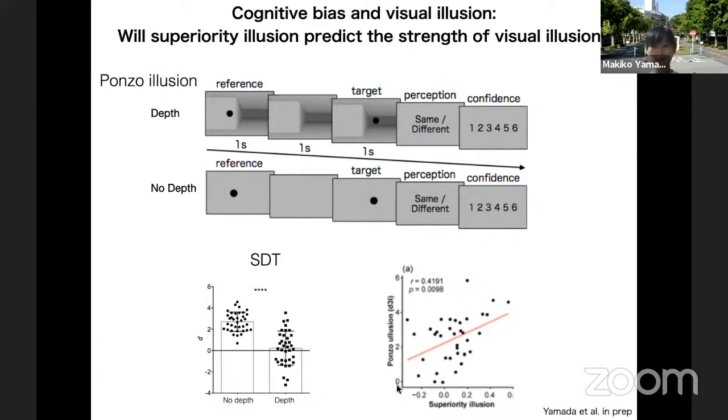We did a correlation analysis and found that the superiority illusion and the Ponzo illusion are positively correlated. So those people who have a higher superiority illusion have a stronger Ponzo illusion.